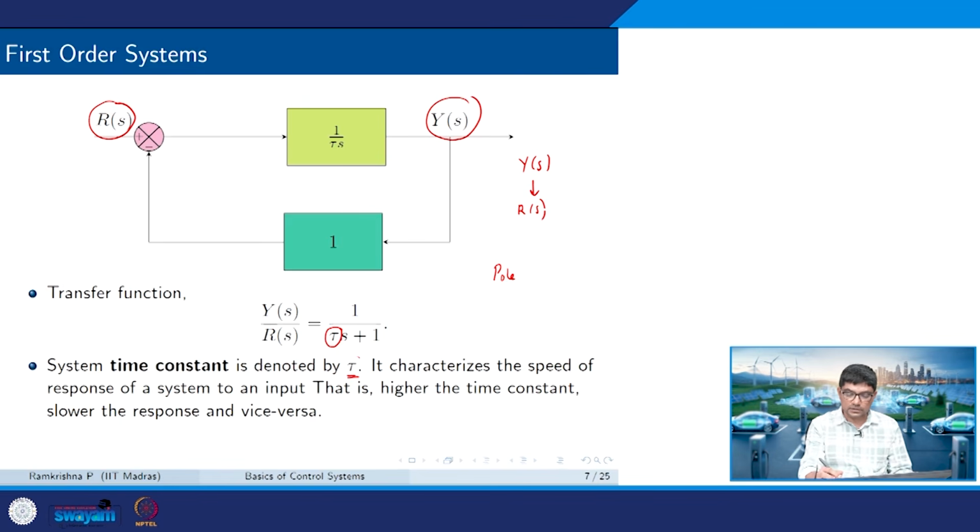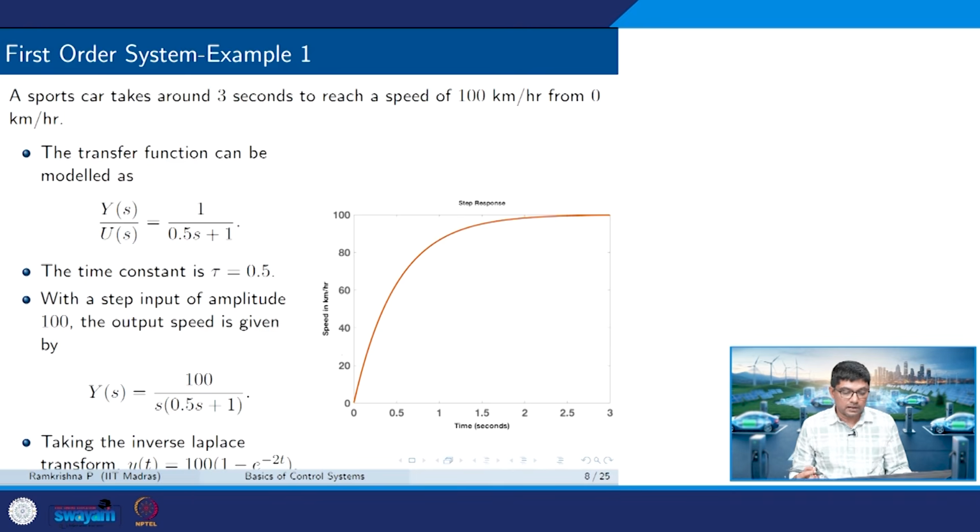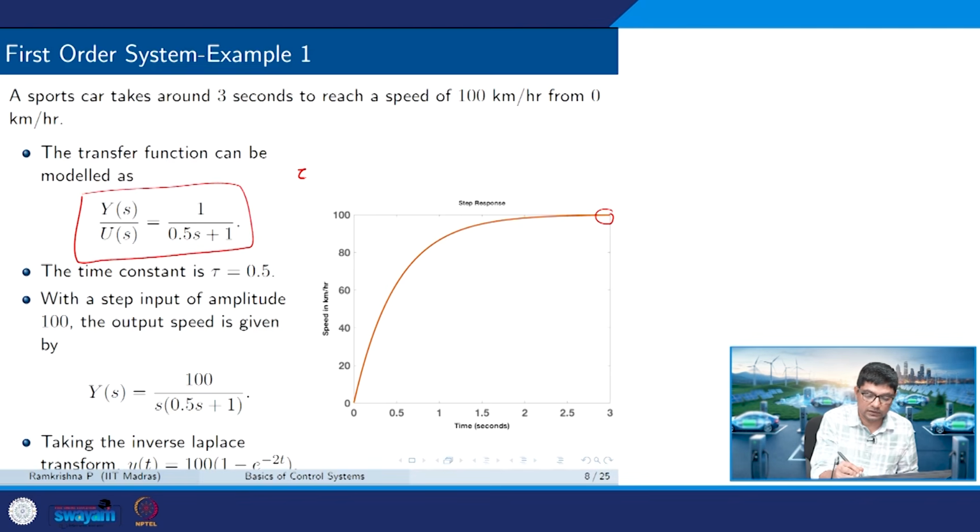Okay, now what does this number do, right? So, let us take two examples here. Let us say a sports car takes around 3 seconds, right. So, if I model this car as something like this with the time constant tau as 0.5. Okay. Now, if I give a reference of 100, or I want it to go from 0 to 100, what happens?